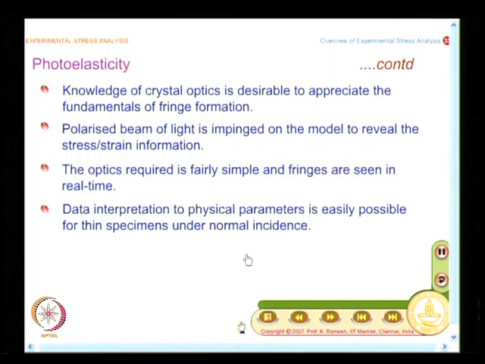Data interpretation to physical parameters is easily possible for thin specimens, and the key point here is under normal incidence. You will have to keep that in mind. If you have a curved object, you must immerse it in a liquid which has the same refractive index and ensure that you have normal incidence. When you go to the finer aspects of any technique, there will be restrictions.